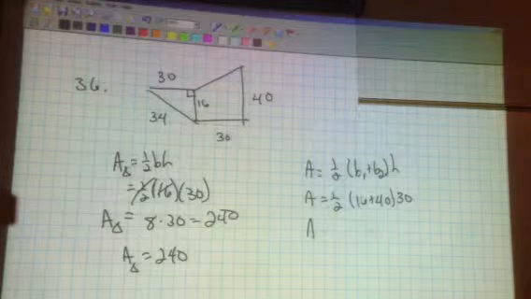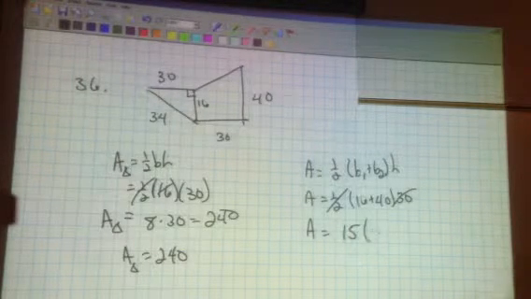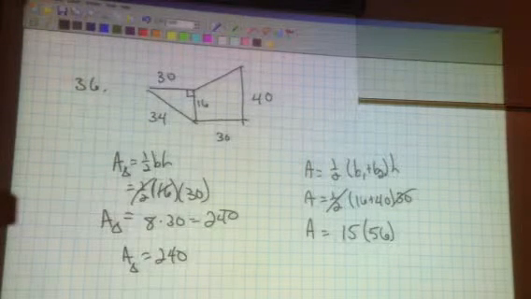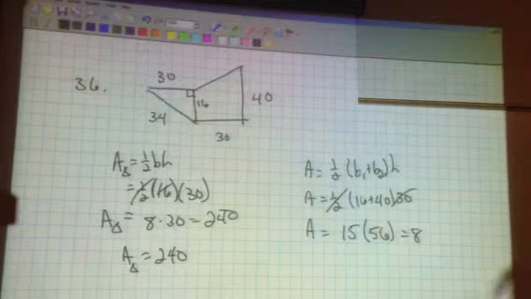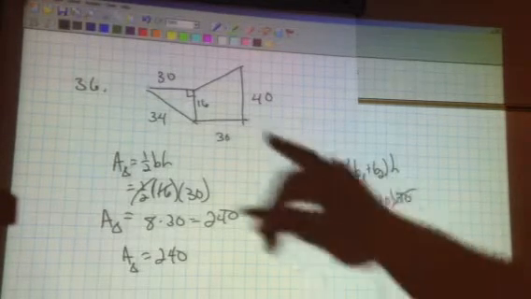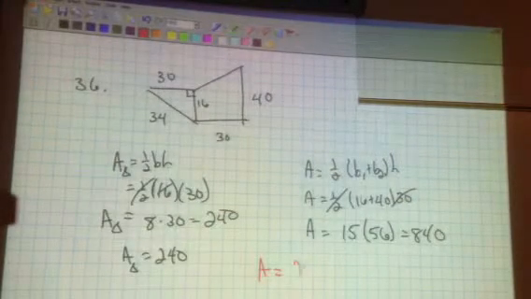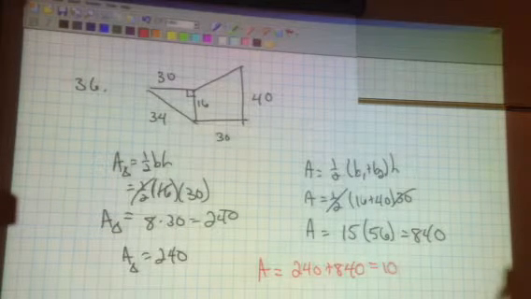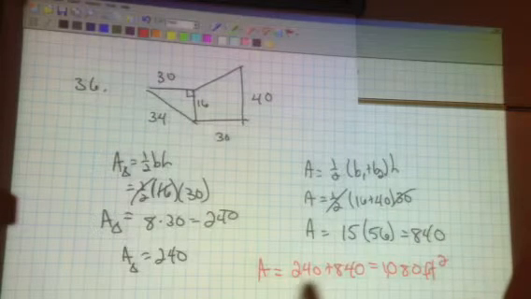So A equals, I'll take 1/2 of 30 right now and just get 15, and I'll do times 16 plus 40, so 15 times 56, which is 840. And now that's the shape area on this right, so for the total area, you're going to have to add those two. And so you get 1,080 feet squared.